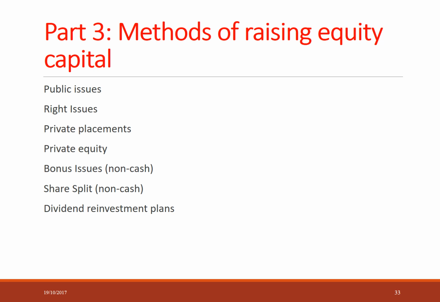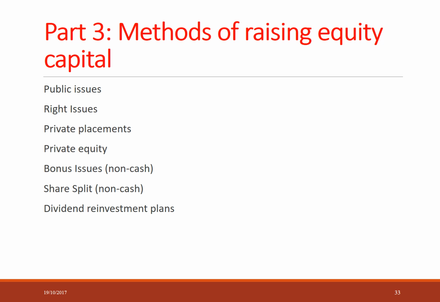In this part, we're talking about different ways to raise equity capital. So we have public issues being either IPOs, the initial public offerings, or SEOs, the seasoned equity offerings. Most of the time people are more interested in IPOs because the firm is listed for the first time. There's much more attention, much more interest, much more uncertainty, and therefore more opportunity for profits.